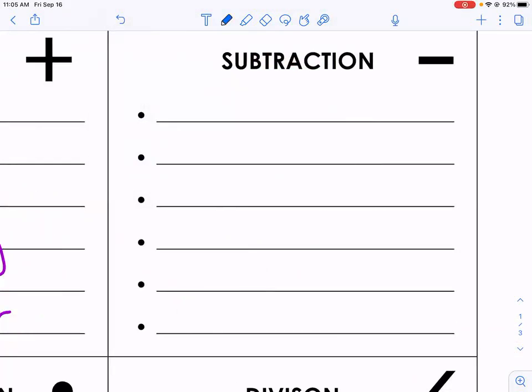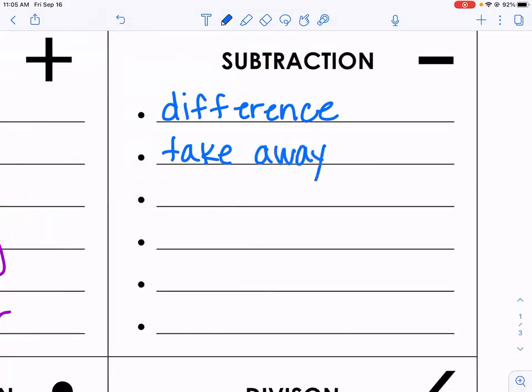Ariana: difference. Bronson: take away. Really simple one. Less than.